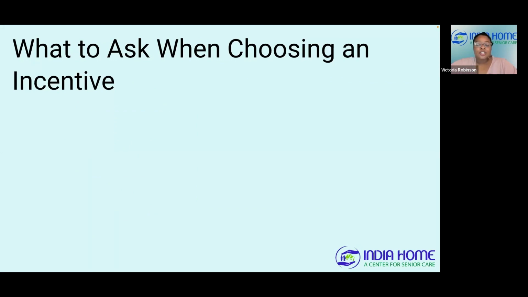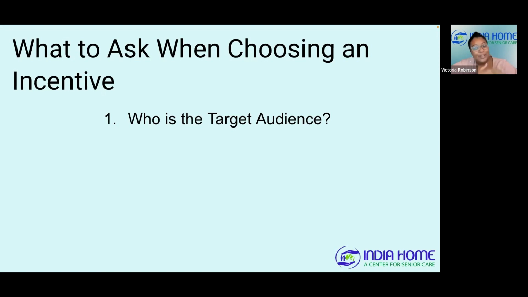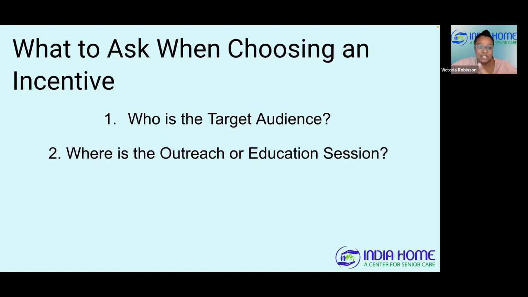As far as choosing an incentive, you should ask yourself or your organization the following questions. Who? Who is your target audience? Who are you trying to attract and educate regarding COVID-19 and its vaccine initiatives? Where? Where is the outreach or education session? Remember, it's case by case.